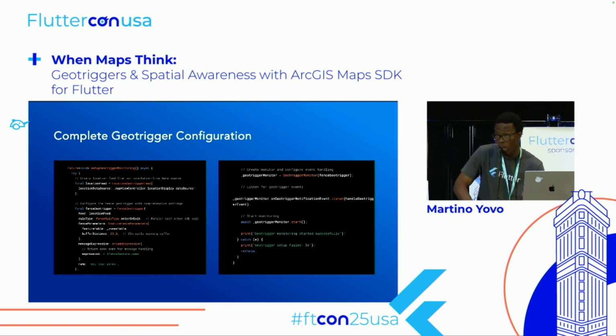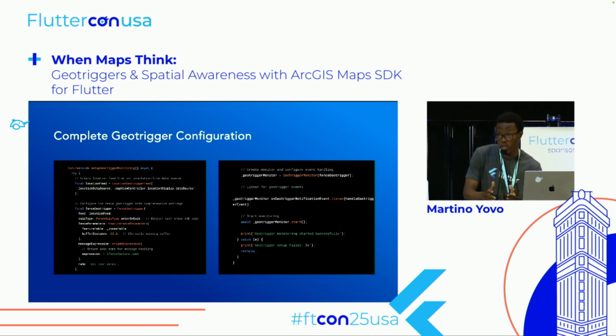You already defined the location geotrigger feed. Since you have it already, now you are going to use the fence geotrigger and also define what we call the message expression, or the Arcade expression. The Arcade expression is what is going to handle the message for the geotriggers.